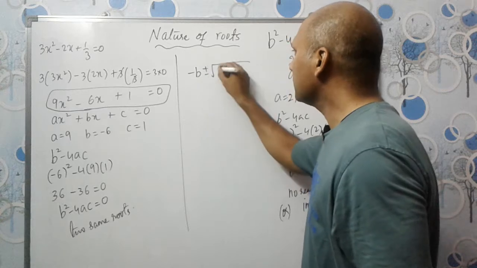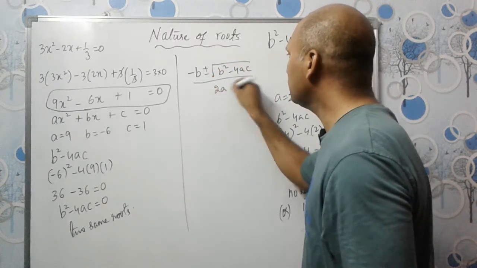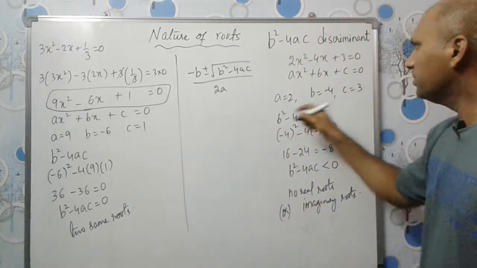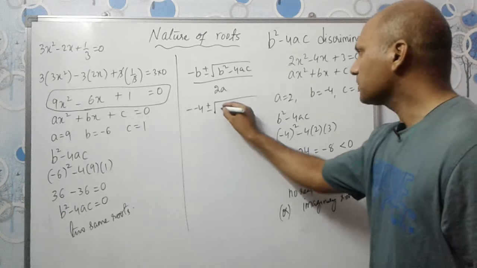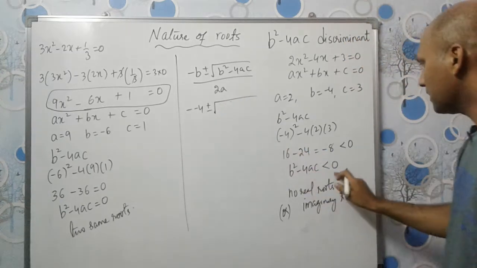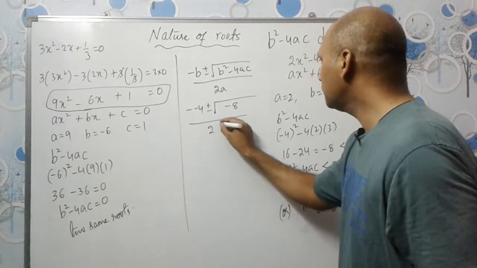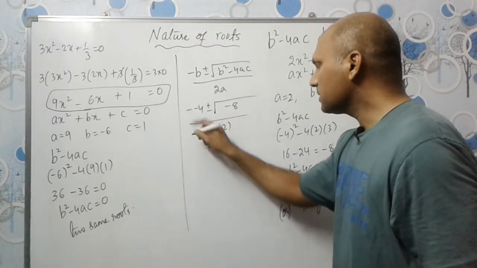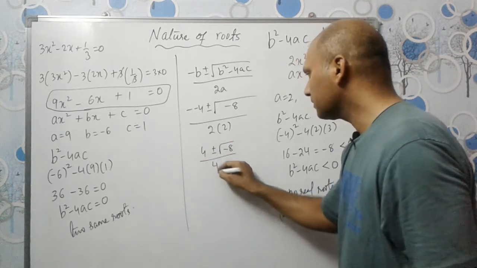Minus b plus minus root b square minus 4ac divided by 2a. So what is the value of b? Minus 4 plus minus root b square minus 4 square. Okay, I need not find this, right? Because I already found it is equal to minus 8 divided by 2 into 2. So this is how much? 4. 4 plus minus root minus 8 by 4.